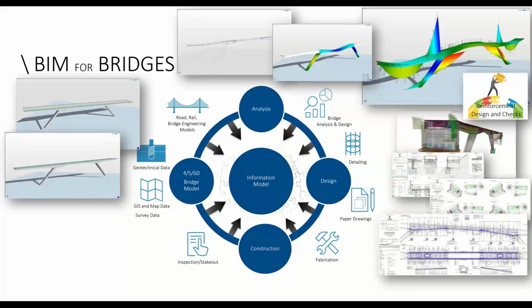With these results of the required amount of reinforcement, we can then jump into the drawing production in Allplan. I want to point out that this whole cycle is fully parametric. Let's say if it turns out during the calculation that you need to change the web thickness a bit or the height of the section, you just go back to your geometric model, you change the dimension, you recalculate, and the whole process will be updated.